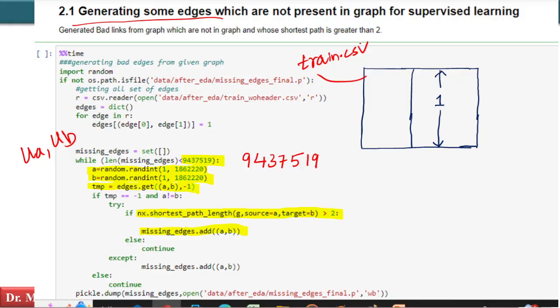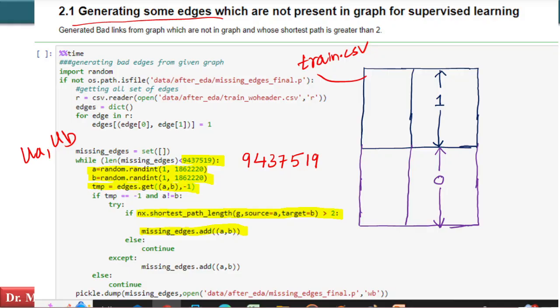Remember, in my original data set, I am only given class 1 label data points. Now I am adding class 0 label data points by randomly sampling from my set of vertices and ensuring that the shortest path length between these pairs of vertices UA and UB is greater than 2, and there is no edge between UA and UB in the original graph.